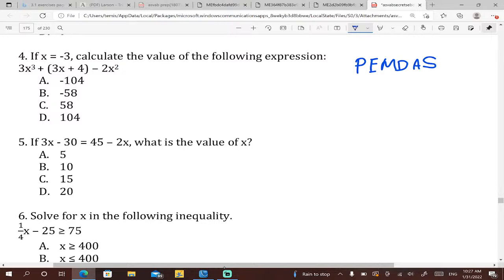I hope you remember what that is. That's your parentheses, exponents, multiplication, division, addition, and subtraction. You can always push pause and rewind if I move too fast. But just remember that multiplication and division, when they show up on the same line of operations, you do them in order from left to right.